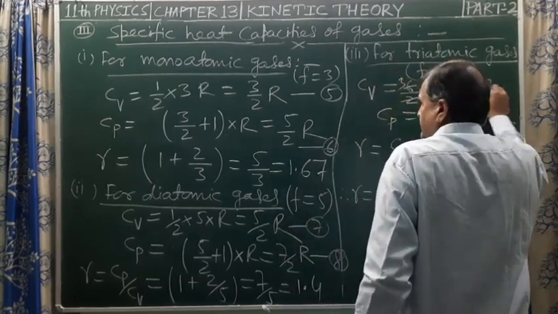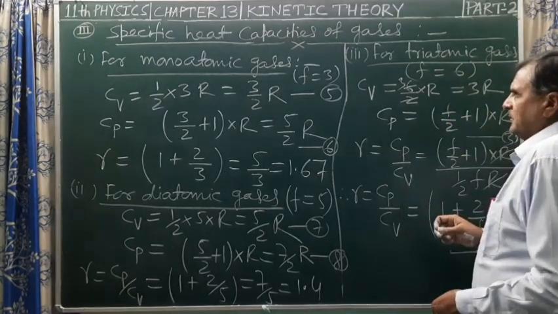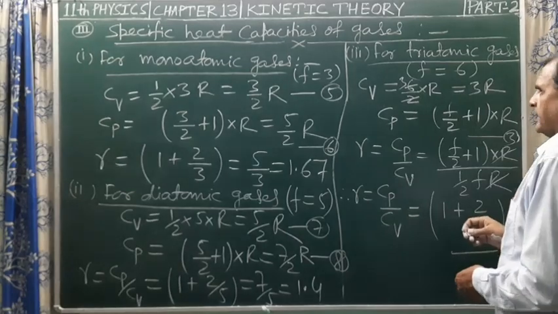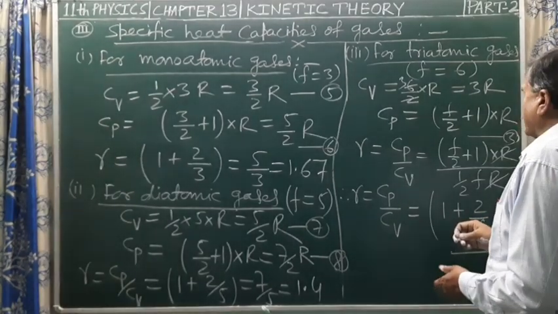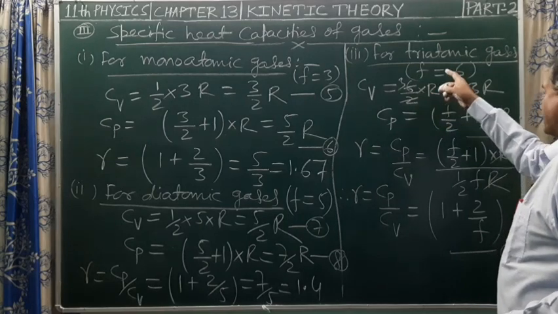The formula for Cv is F/2 into R, that is 6/2, as the degree of freedom for triatomic gases is 6.